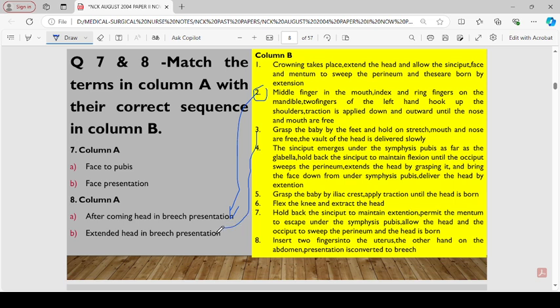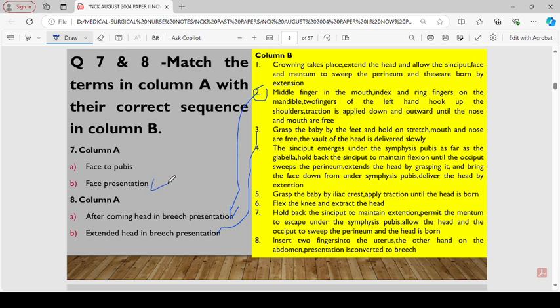Number 4, the sinciput emerges under the symphysis pubis as far as the glabella. Hold back the sinciput to maintain flexion until the sinciput sweeps the perineum. Extend the head by grasping it and bring the face down from under the symphysis pubis. Deliver the head by extension. So this is the B.